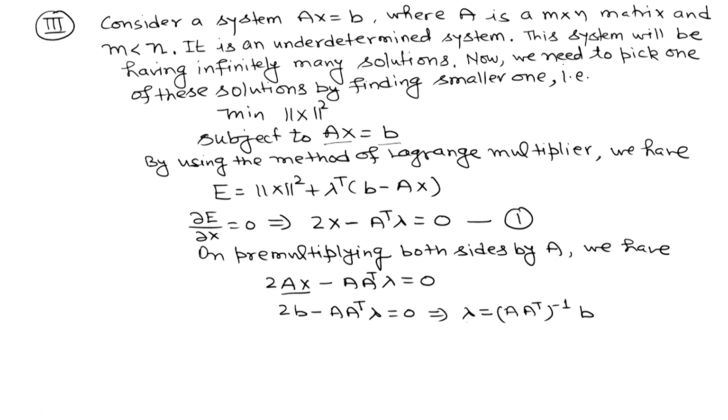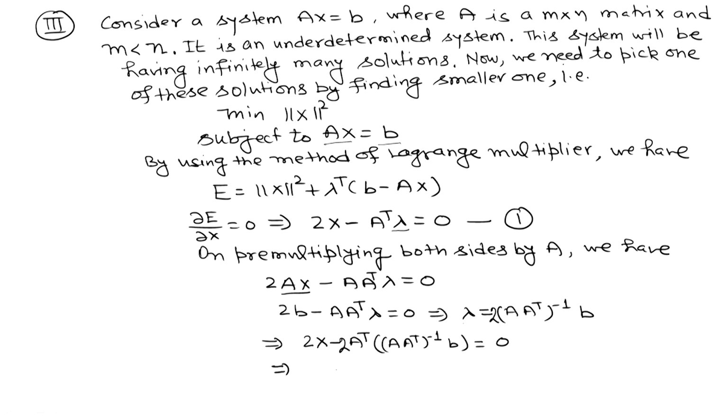Now, putting this value of lambda in equation 1, I will have 2x minus A transpose, and then lambda is here. So, putting this value of lambda, A A transpose inverse into b equals 0. I forgot to write 2 here, so 2 will come here also.